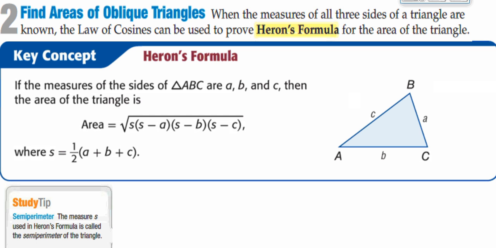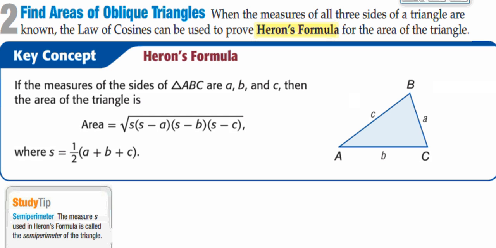It's called Heron's formula. It says that if the measures of the sides of triangle ABC are little a, little b, and little c, then the area of the triangle is equal to the square root of s times (s minus a) times (s minus b) times (s minus c), where s is (a plus b plus c) divided by 2.